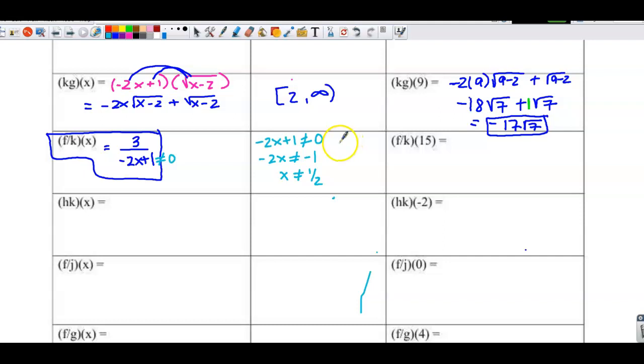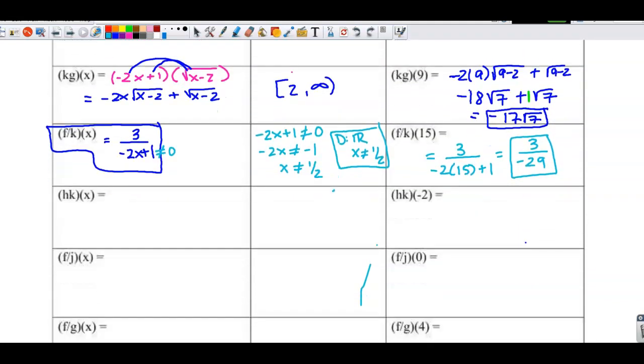So now my domain for this function is going to be all real numbers, but x cannot equal 1/2, because that's the value that would make a 0 in the denominator. If I plug in 15, that's still going to have a 3 on the top, and it's negative 2 times 15 plus 1. So that's 3 over negative 30 plus 1. So that's going to be a negative 29, and that's my answer.